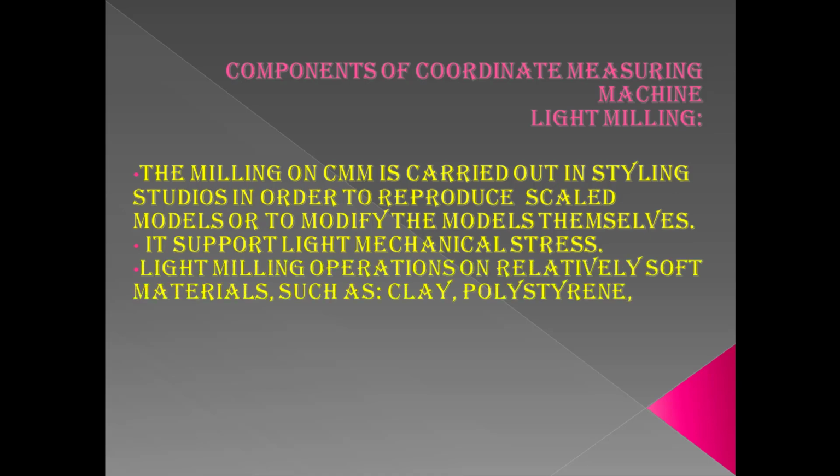Our next point is light milling operations on relatively soft materials such as clay and polystyrene. You must know what milling operations are, and that milling machines are especially used for them. But how are both correlated on this system? For objects like clay and polystyrene, this process should happen here also.